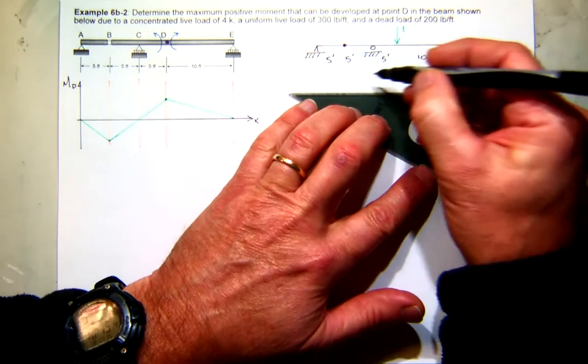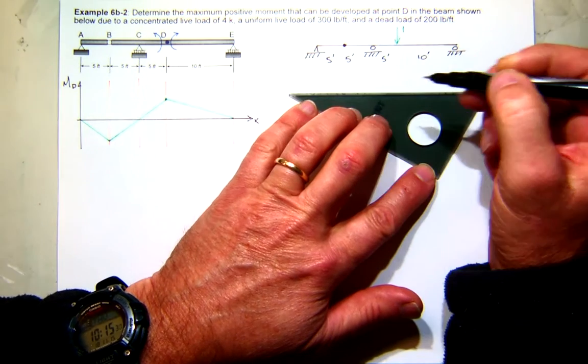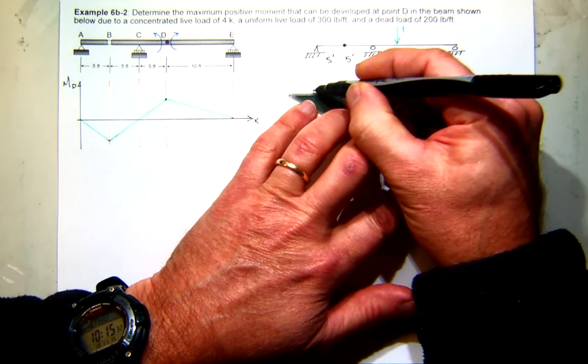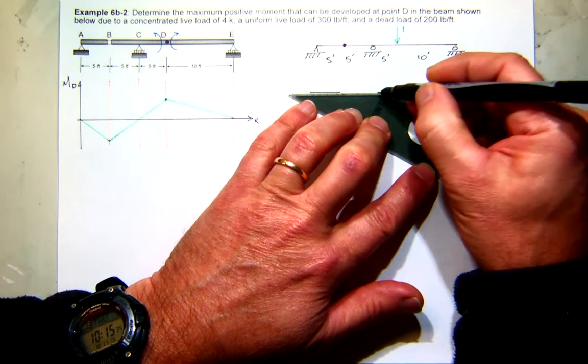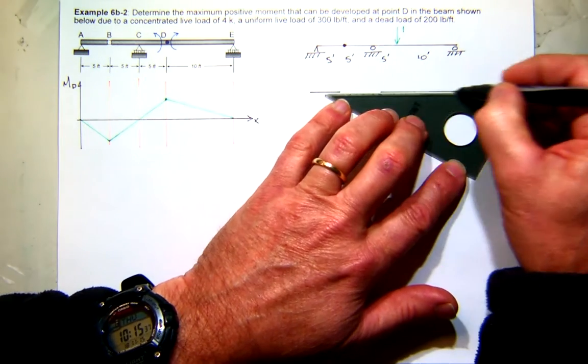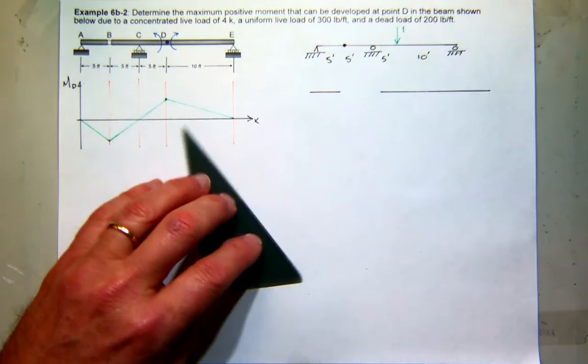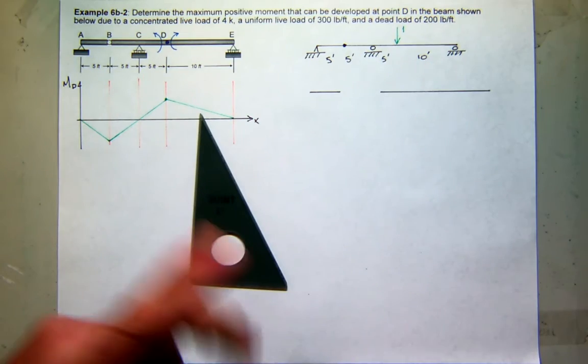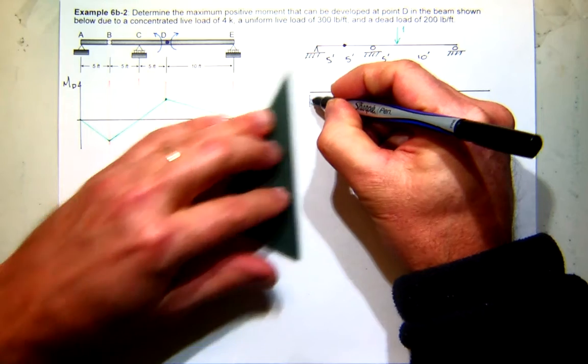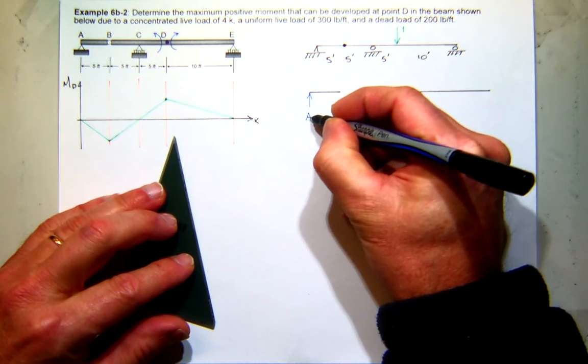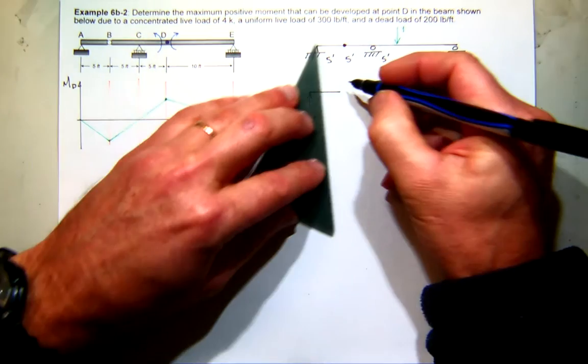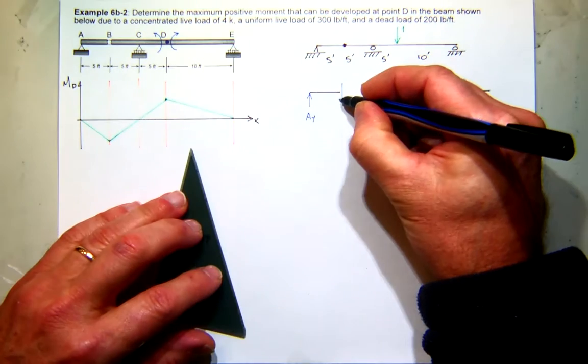So I'm going to redraw this. Let's see, I'll draw two free bodies. I'm just going to break it apart at the real hinge just to show you what we're doing. So I would have a reaction at A. Now when I pull this hinge apart, I would actually have shear there.